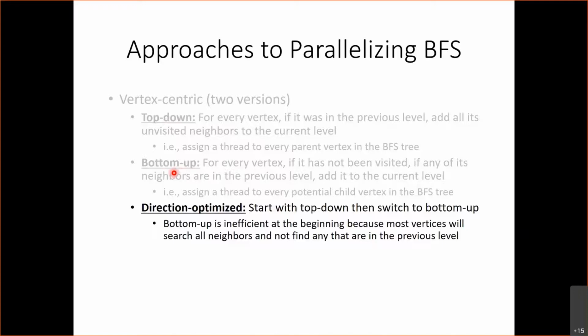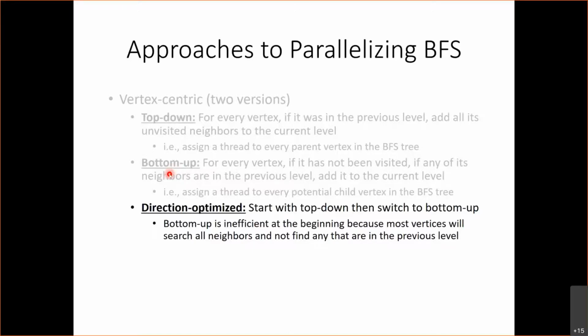Why? Because the bottom-up approach is going to check, for all the unvisited vertices, whether any of their neighbors are visited. When I'm at the beginning, I have very few visited vertices, so I have a lot of unvisited vertices whose neighbor lists the bottom-up approach is going to go through.